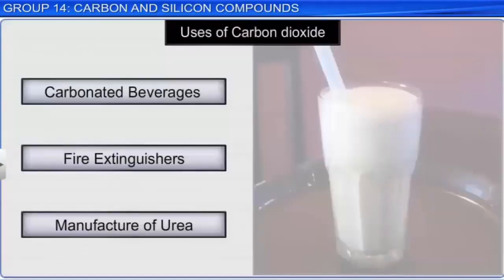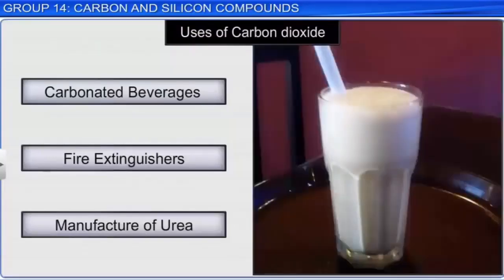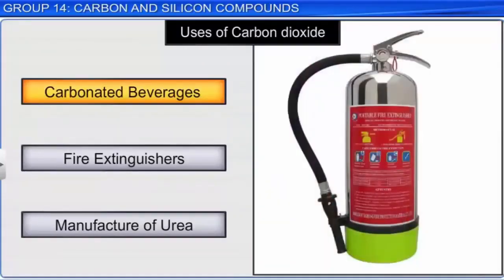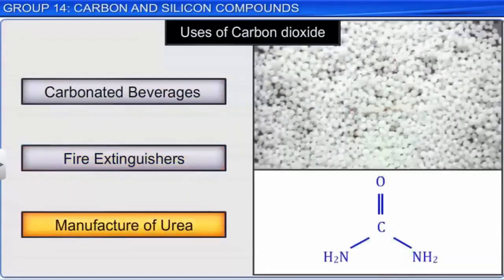It is used to prepare carbonated beverages. Because it is heavy and does not support combustion, it is used in fire extinguishers. It is also used in the manufacture of urea, CN2H4O.